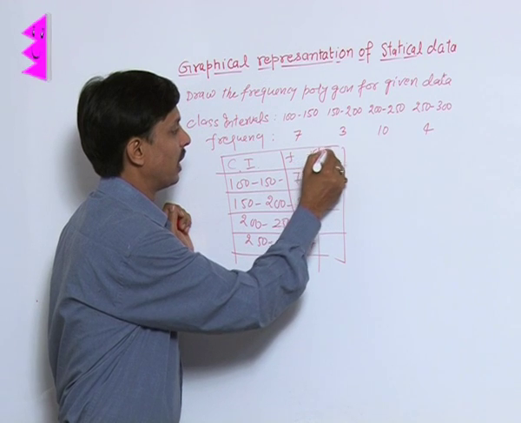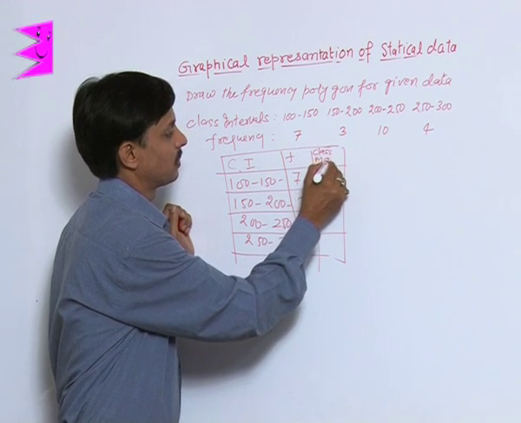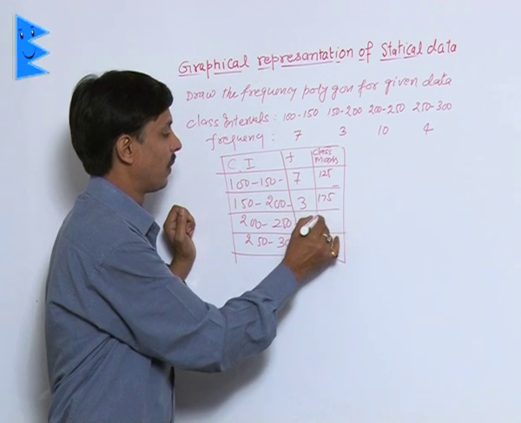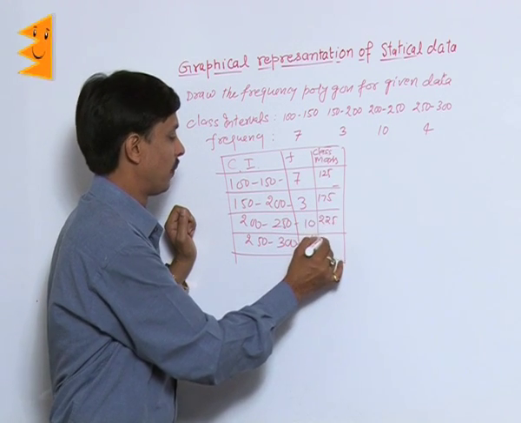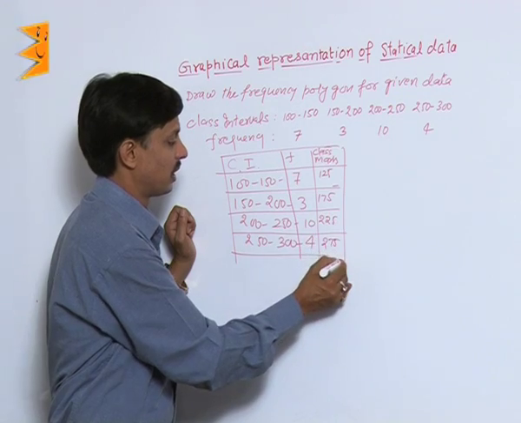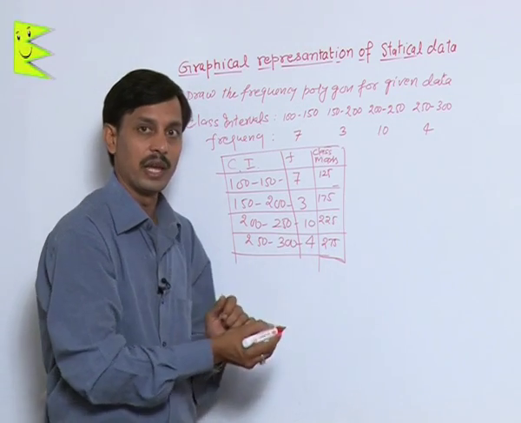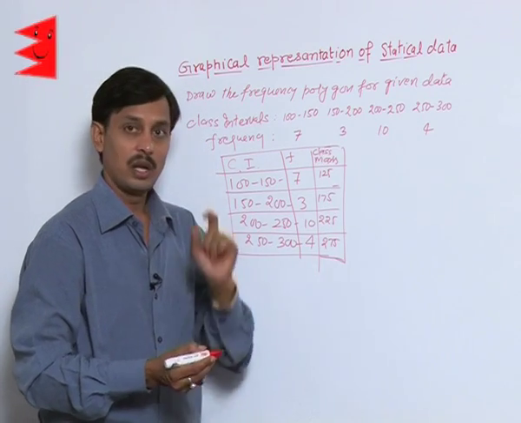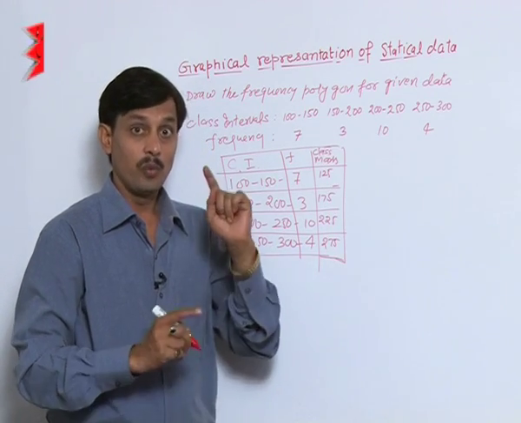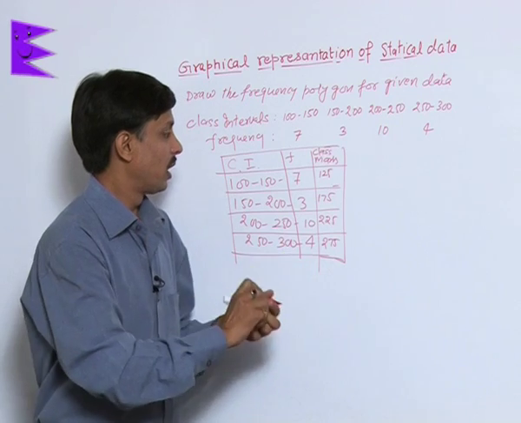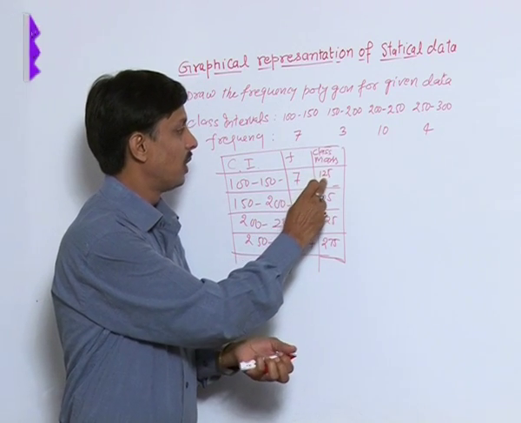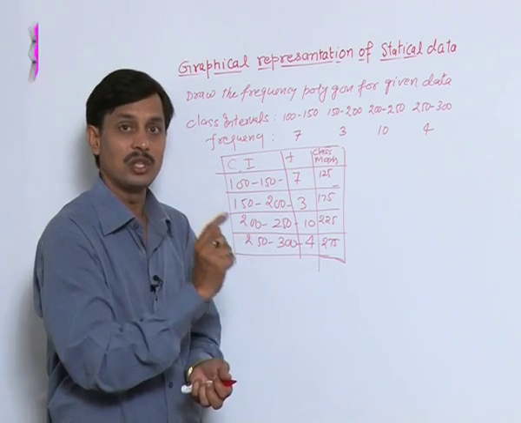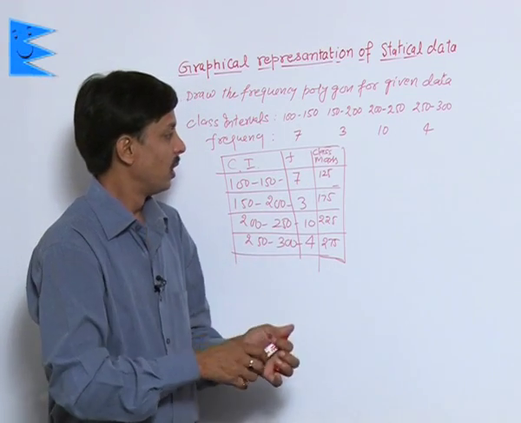So I am writing here class marks 125, next 175, then 225, and 275. The frequency polygon shows the corresponding joining of class mark on the x-axis and corresponding frequency on the y-axis.